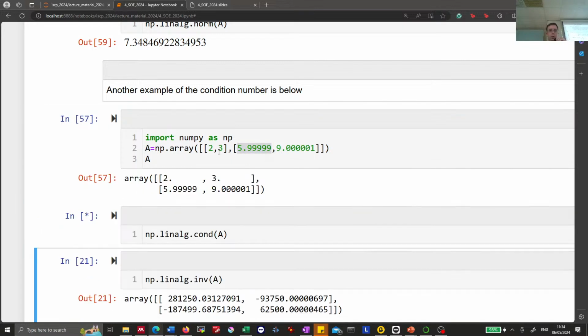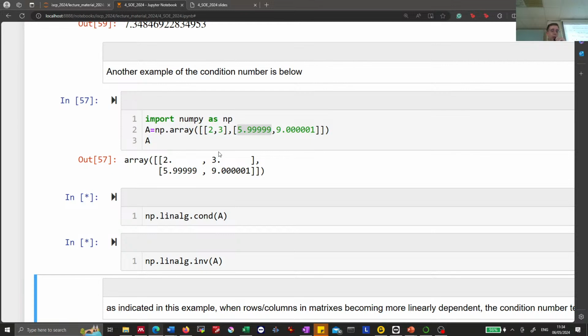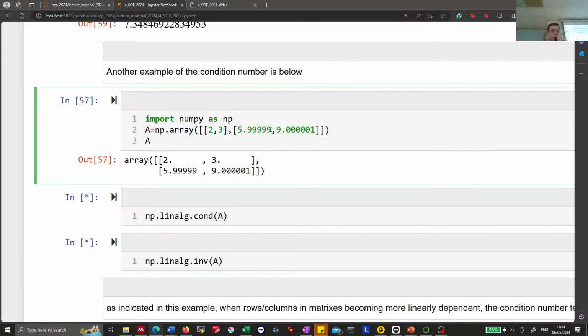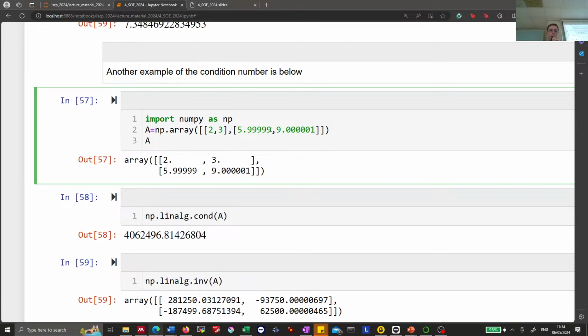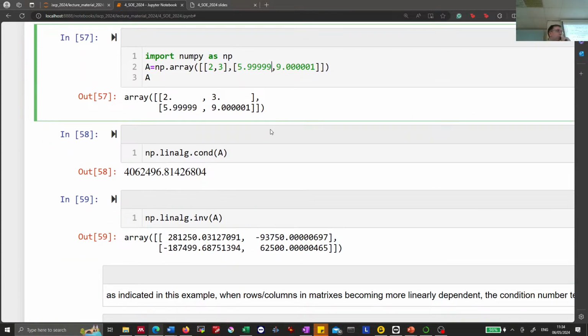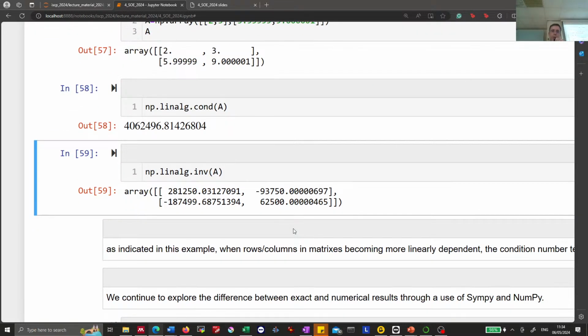So, reaching values of 4 million, yes, this is large. Plus it will affect how we compute the inverse. You can play around with these numbers a little bit, change them just a tiny bit, and the impact on the inverse should be quite severe. So small changes in A give you large changes in the inverse, and this will translate into small changes in B giving you large changes in x.